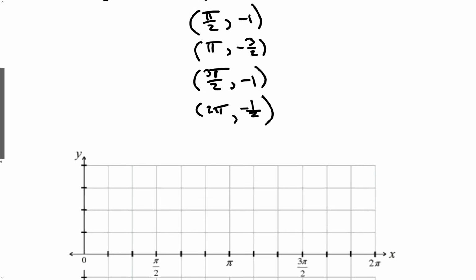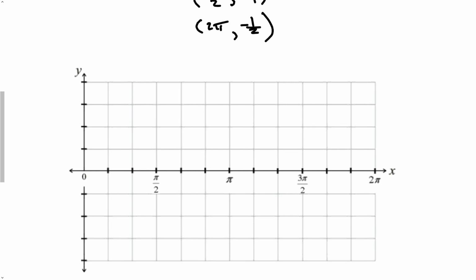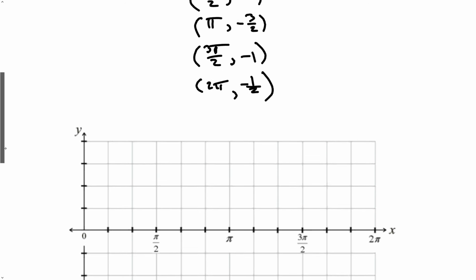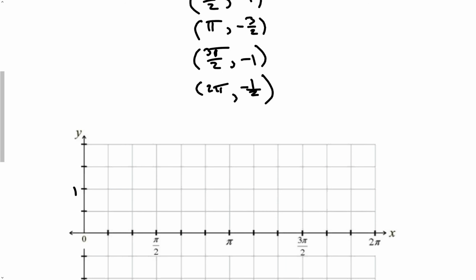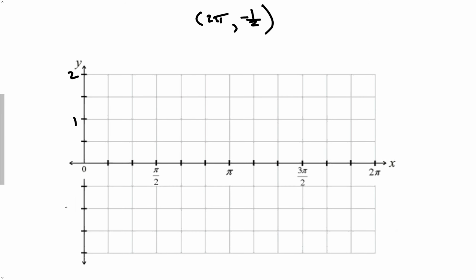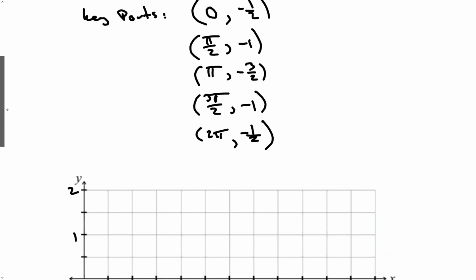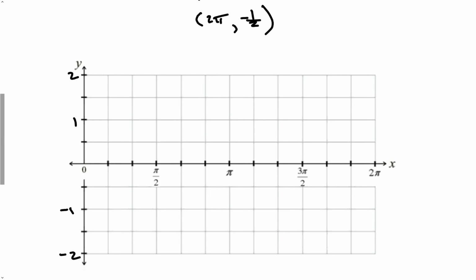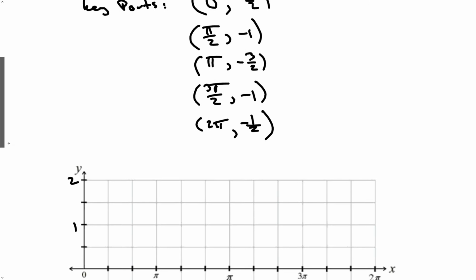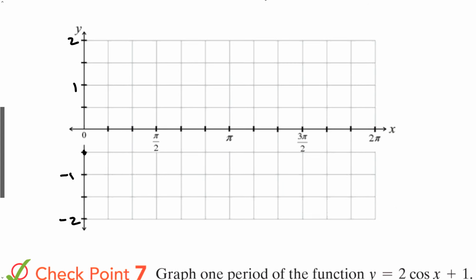Now we can put them on my graph. So this would be, let's just call this 1 and 2. Yeah, that works. -1, -2. All right, so notice something when I graph this. We got 0, -1/2. There's my first point. Then the next point is pi over 2, -1.